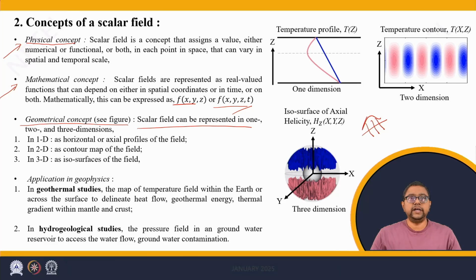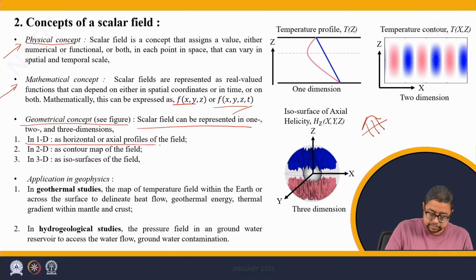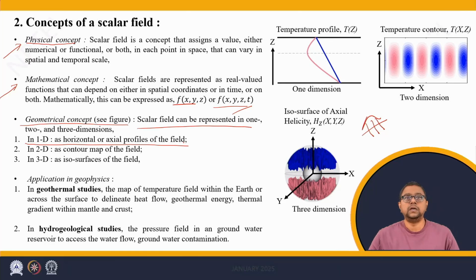For example, in one dimension, we can have a horizontal or axial profile of a scalar field. We have taken the example of temperature as a scalar and the Cartesian coordinate system for representation of a one-dimensional field.